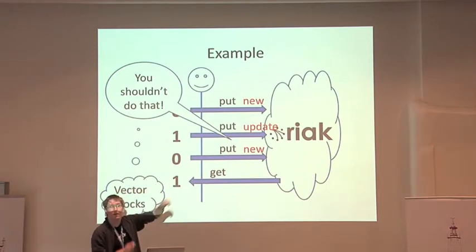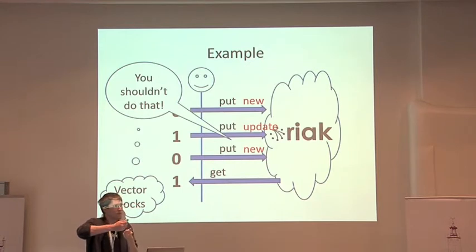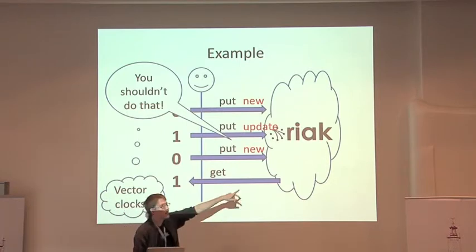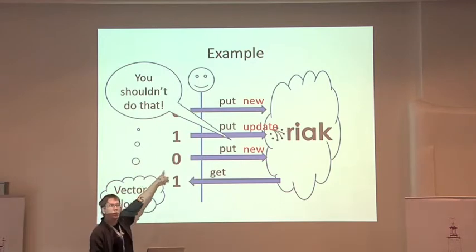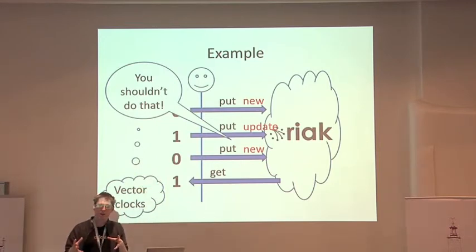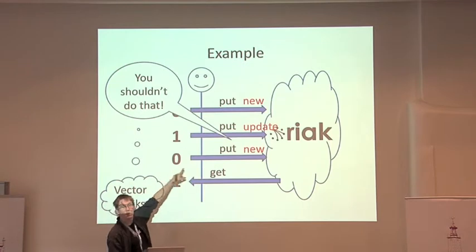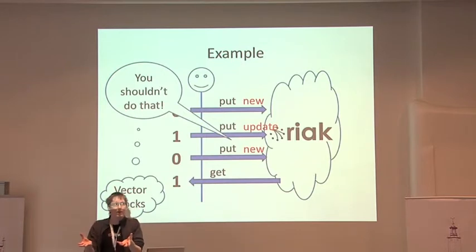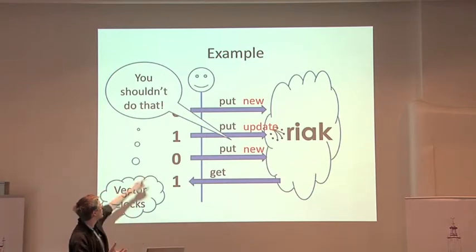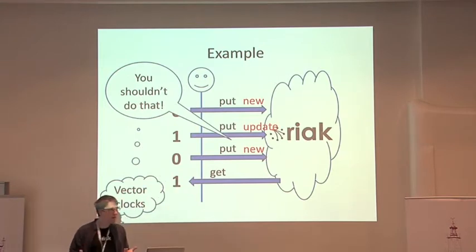And then we do an update, which would increase the vector clock for that user by 1. So you'd have an object in here which had been touched twice by this user. And then we put a newly created Riak object, which would have a fresh vector clock, so it would only have been touched once by this user. So Riak thought, well, this is an older value than the 1, because the 1 has been touched twice and the 0 only once, so the 0 was discarded and it kept the 1.